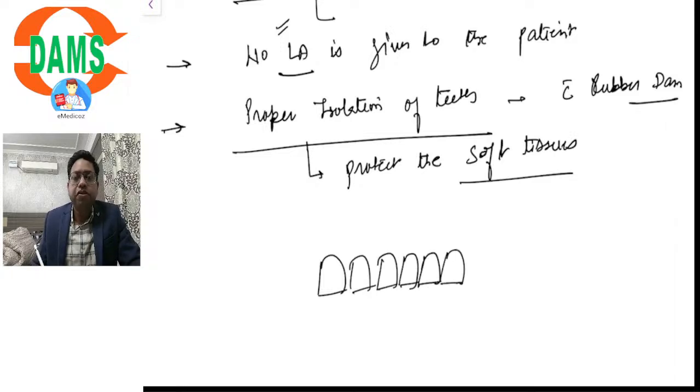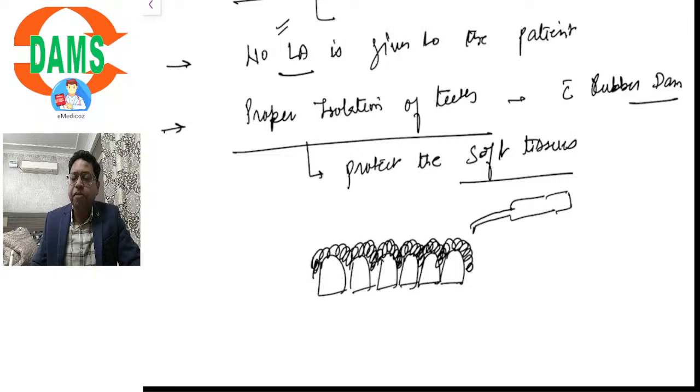Okay. So if this is, suppose, the arch of teeth that I am planning to bleach, we can do a conventional rubber dam isolation, or we can apply liquid rubber dam like this onto the free gingival margin extending to the attached gingiva. It is a paste form of light-curable material that is injected from a syringe. This is called liquid rubber dam.